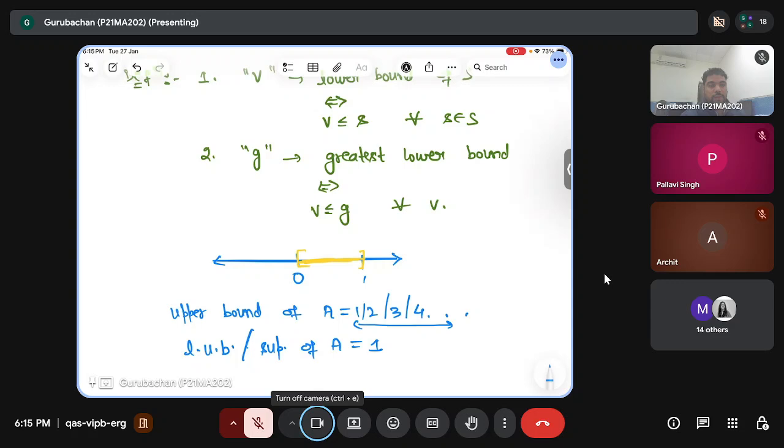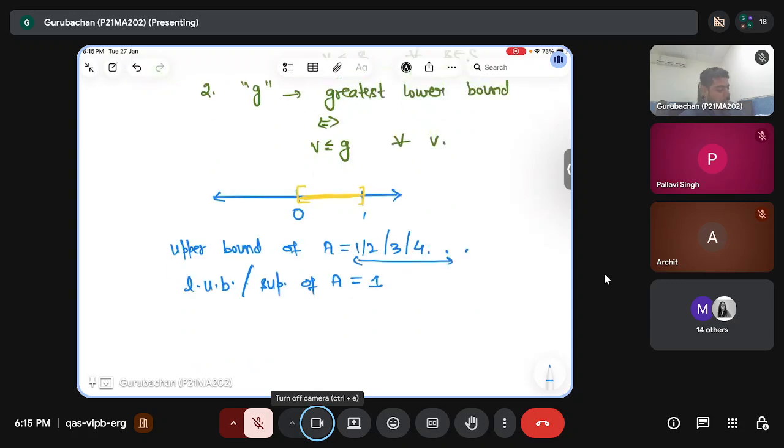upper bounds. In the same way, if you look at lower bounds of A, the lower bounds will be 0, -1, -2, and so on in the decreasing way.